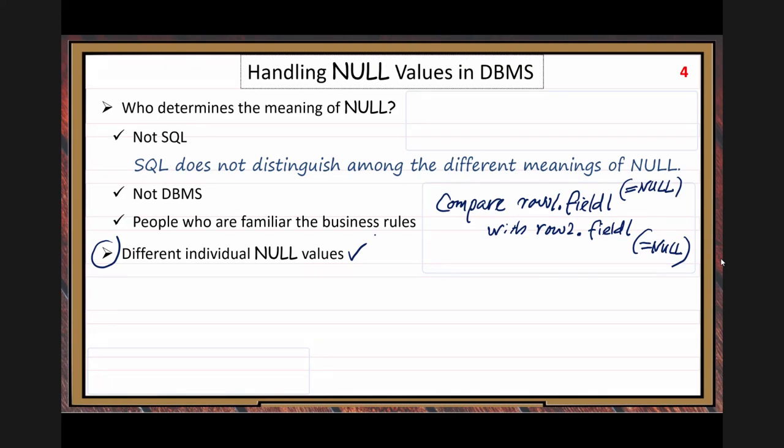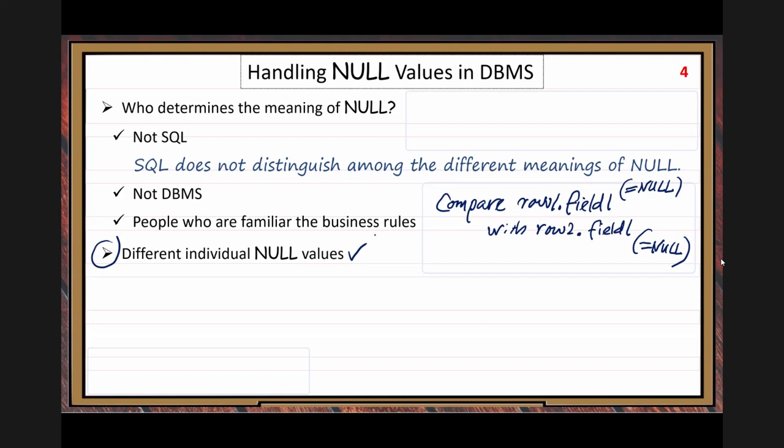After they get their correct values, it's very likely those values are different. So DBMS treats them as different values. Only in some very special case, they could be the same. But in general, they are different.